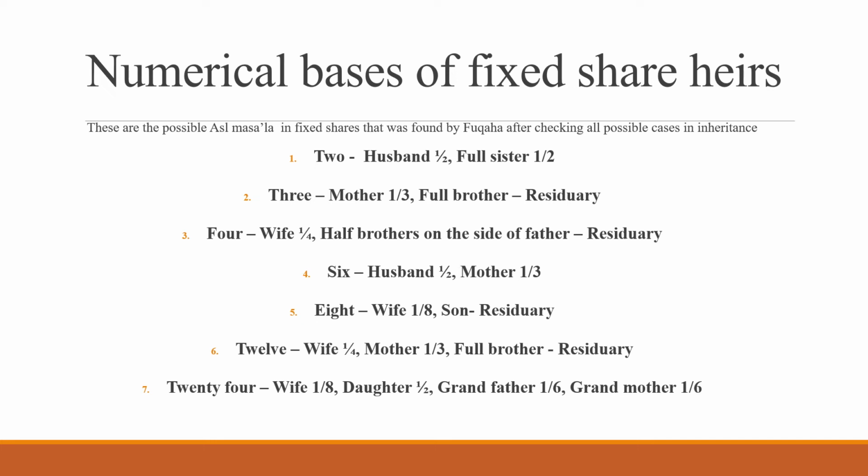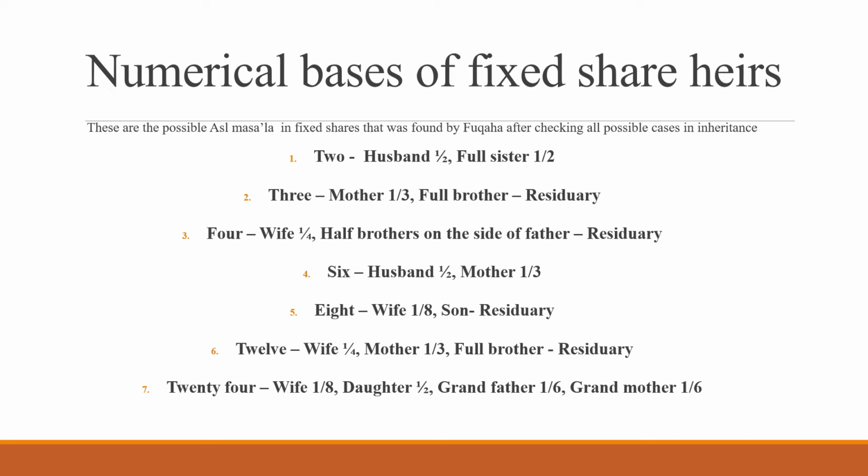Then the numerical basis of fixed share heirs. How many possible numerical bases are there in fixed shares? There are seven possible numerical bases, aslul mas'ala, found by the fuqaha after checking all possible cases in inheritance.